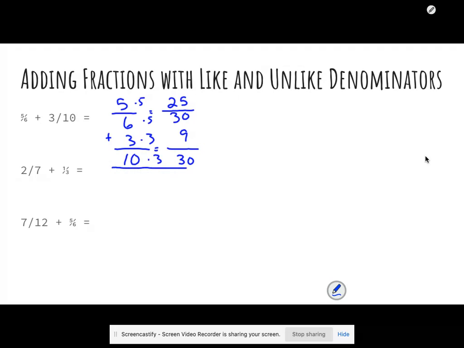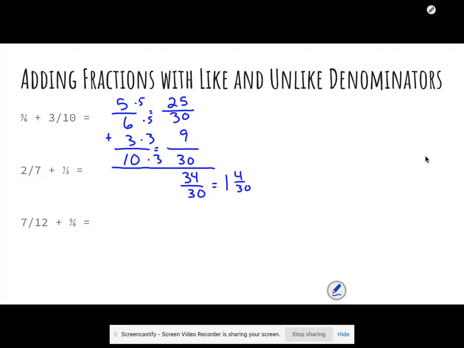So now when I add all of this up, I end up with 34 over 30. And again, I can simplify here if I wanted to, or I could turn it into a mixed number and then simplify. So let's do that. Let's turn it into a mixed number, and then we can simplify. So we're going to get 1 and 4 over 30.